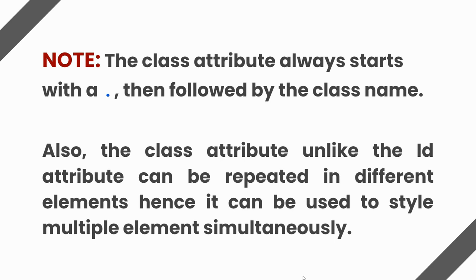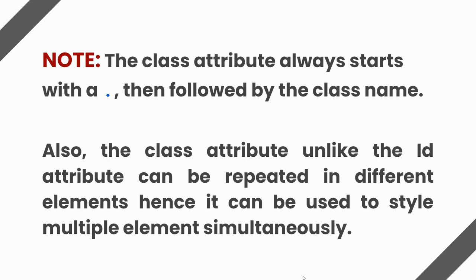Now by referencing the elements by the class name, whatever style you attach to that class name is going to affect those seven elements. So it's not just going to affect the p tags, but it's also going to affect the heading tags too. So that's what makes the class name actually different from the ID attributes.